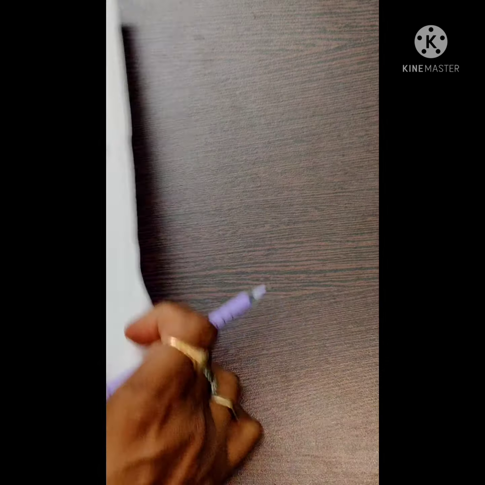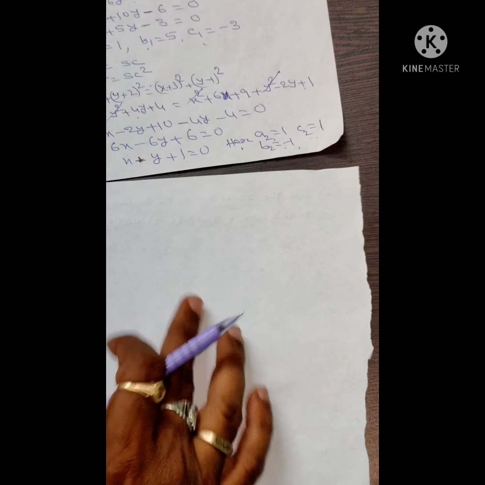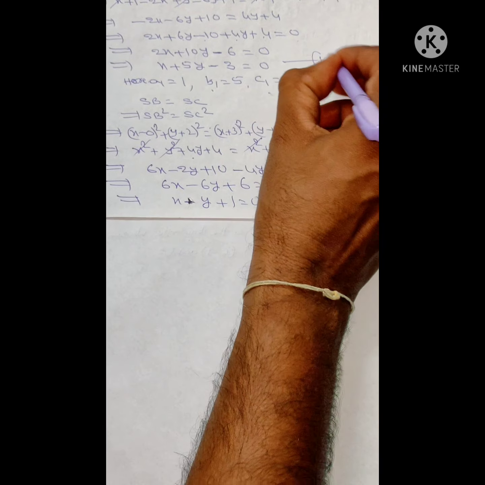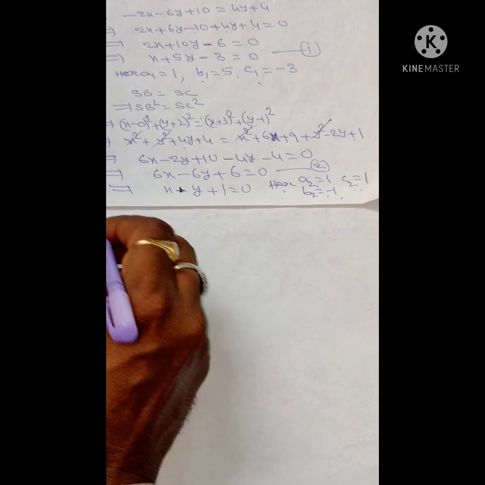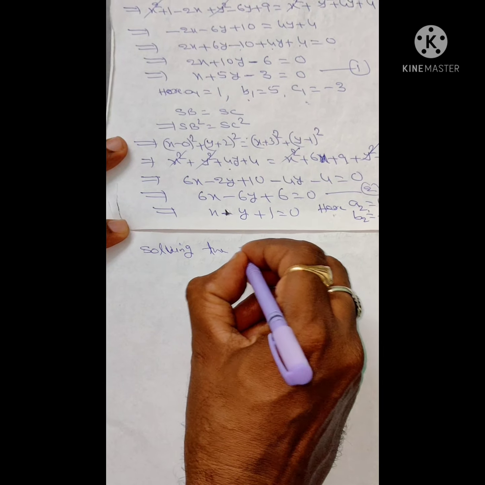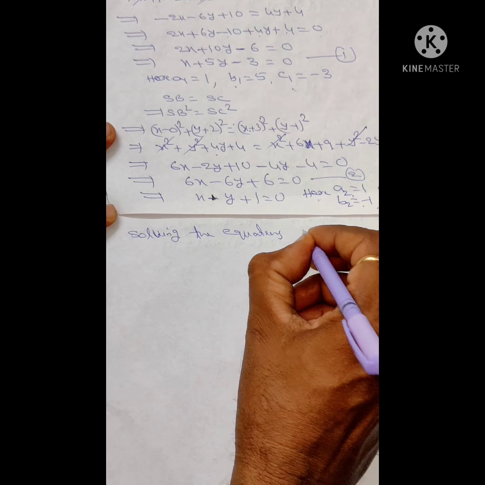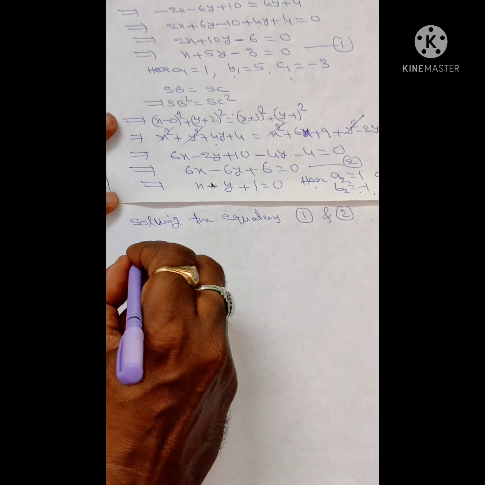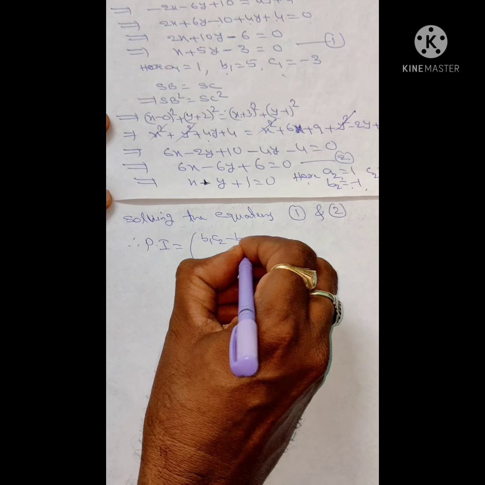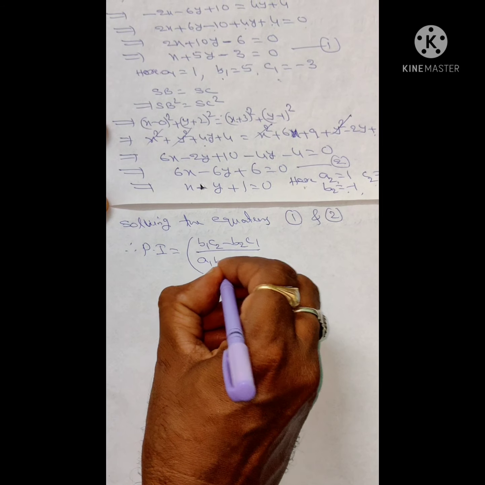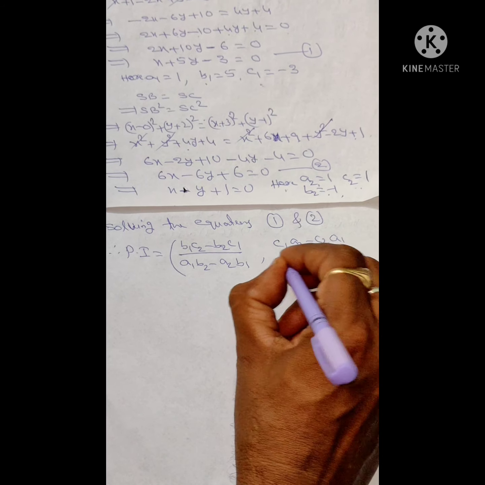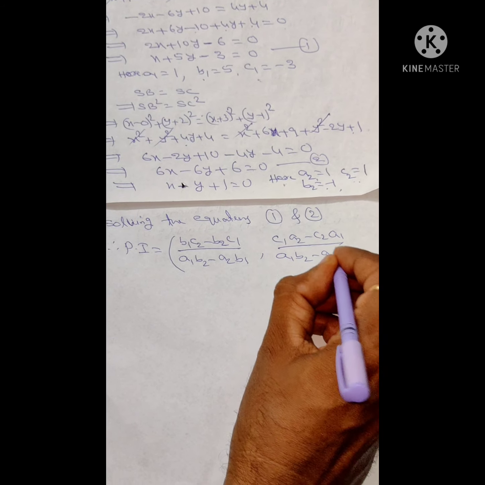Call this equation 1 and this equation 2. So solving equations 1 and 2, the point of intersection is (b1c2 minus b2c1) by (a1b2 minus a2b1), (c1a2 minus c2a1) by (a1b2 minus a2b1).